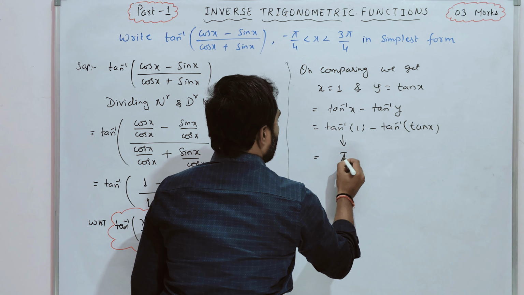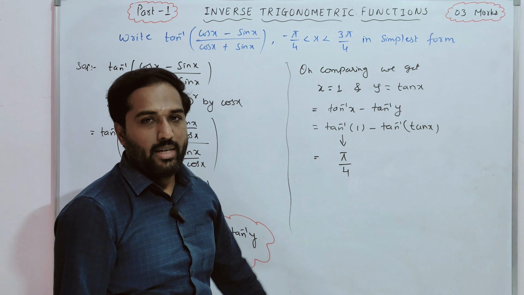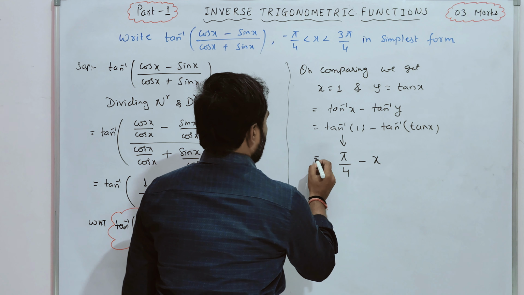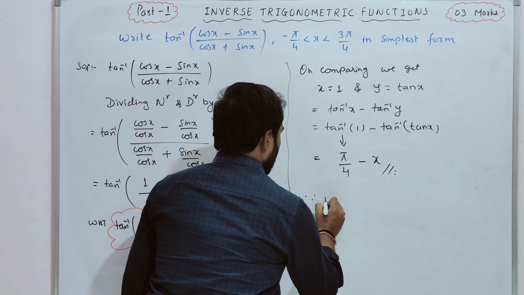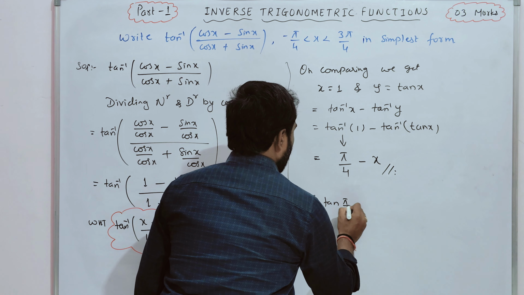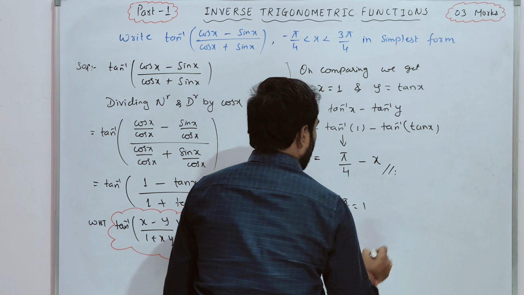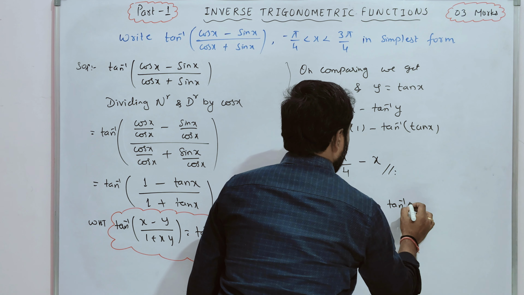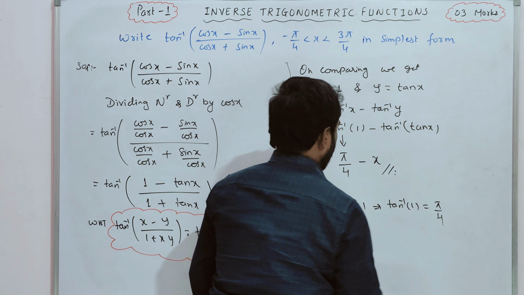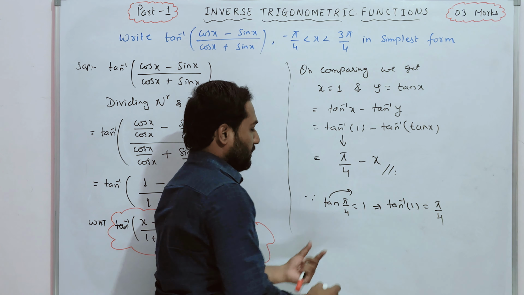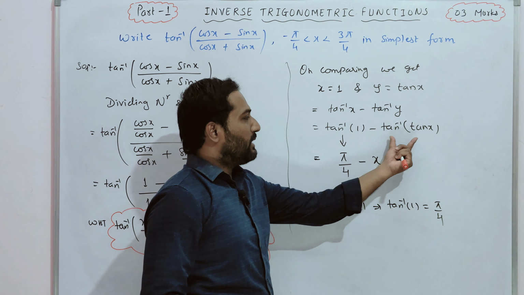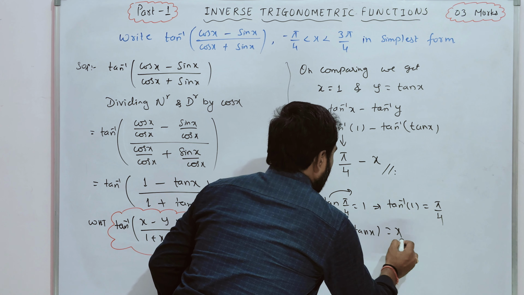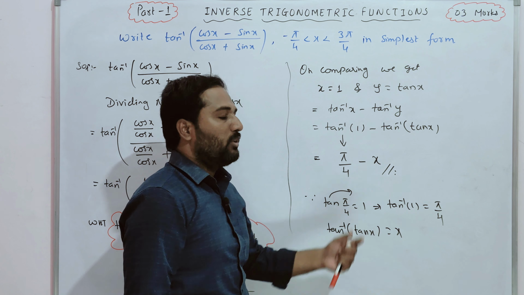Tan inverse of 1 is 45 degrees from the trigonometric table, and minus tan inverse of tan x is x, and this is your simplified form. Because tan pi by 4 is 1, this implies tan inverse of 1 becomes pi by 4. This formula, you know, just transfer tan to the RHS, tan becomes tan inverse. And tan inverse of tan x is always equal to x, the same formula I have already given. So this is your simplified answer.